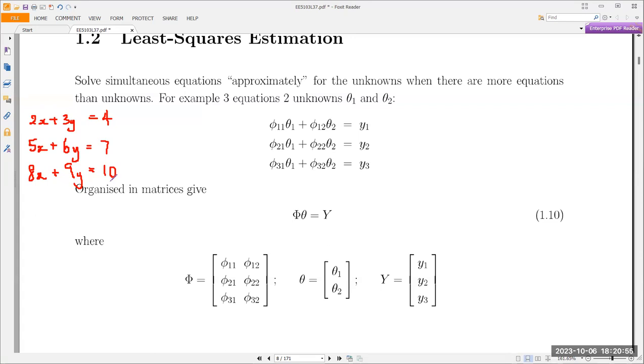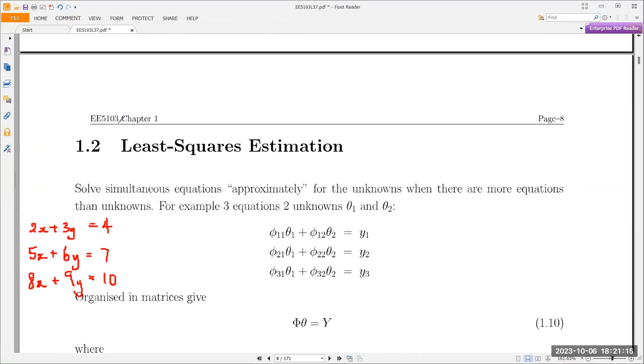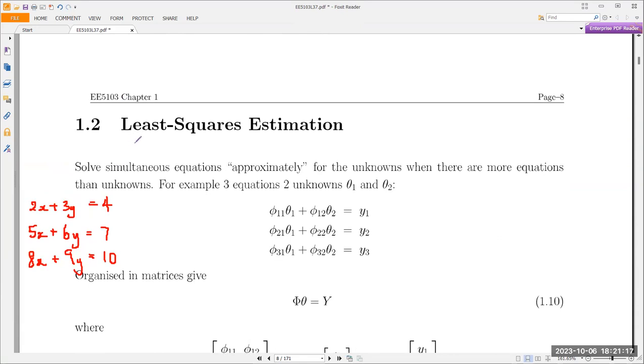Cannot. I mean, it is quite trivial to say I can use the second and third equations to solve for x and y. The answer for x and y, I substitute into the first equation, the left side will not equal the right side. So you know that cannot. We know from secondary school, why cannot?